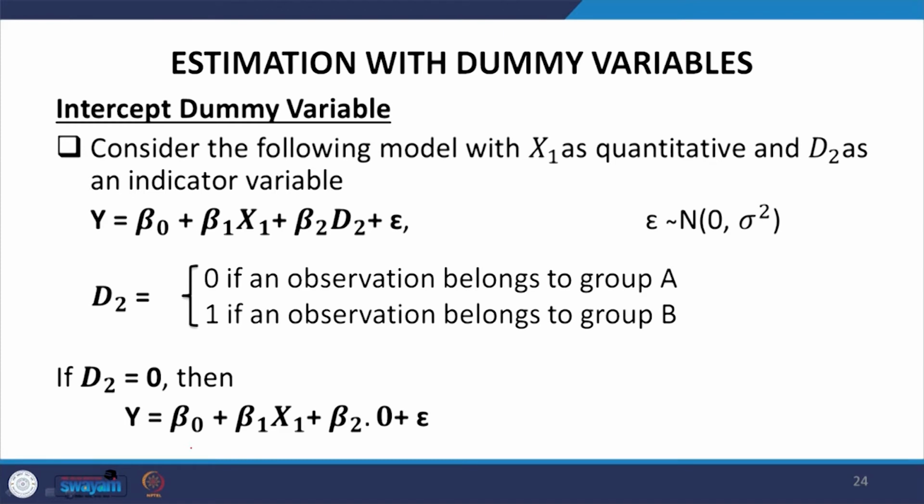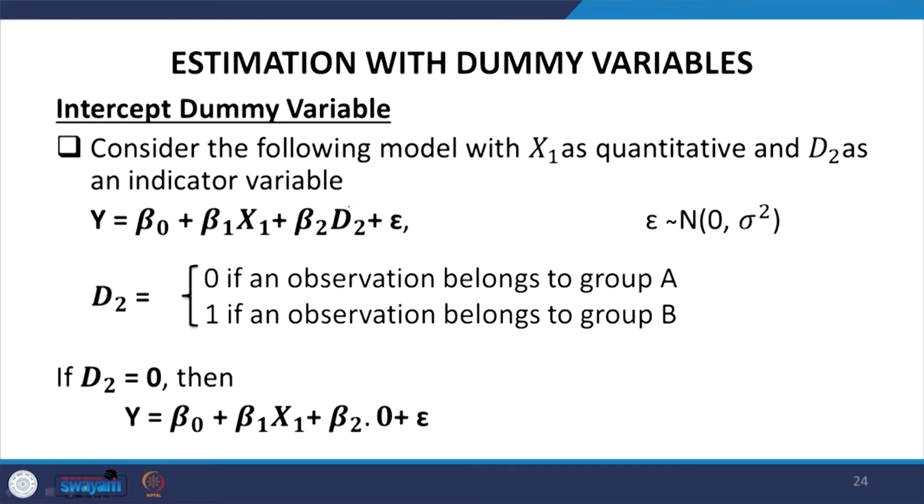Now, let us understand some estimation with dummy variables, and how we can understand the estimations of dummy variable models. We are now presenting the intercept dummy variable. The model has x1 as the quantitative variable and D2 as an indicator variable.